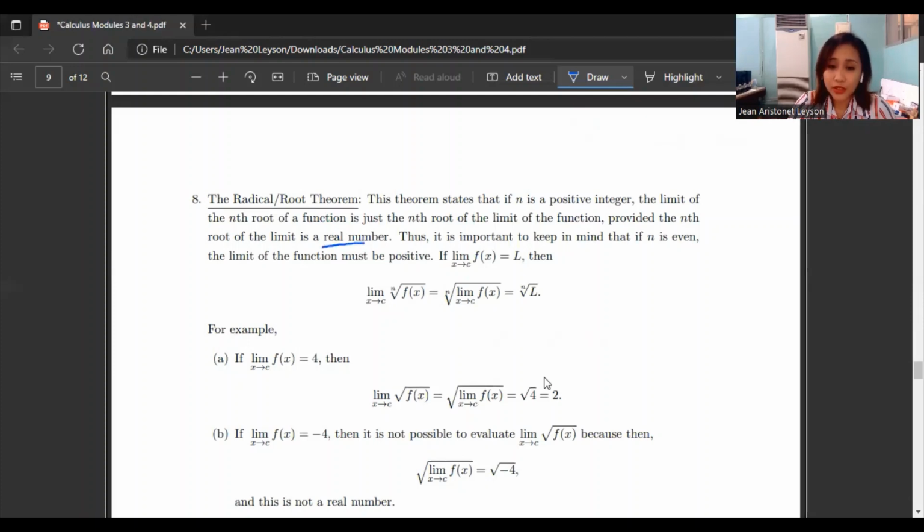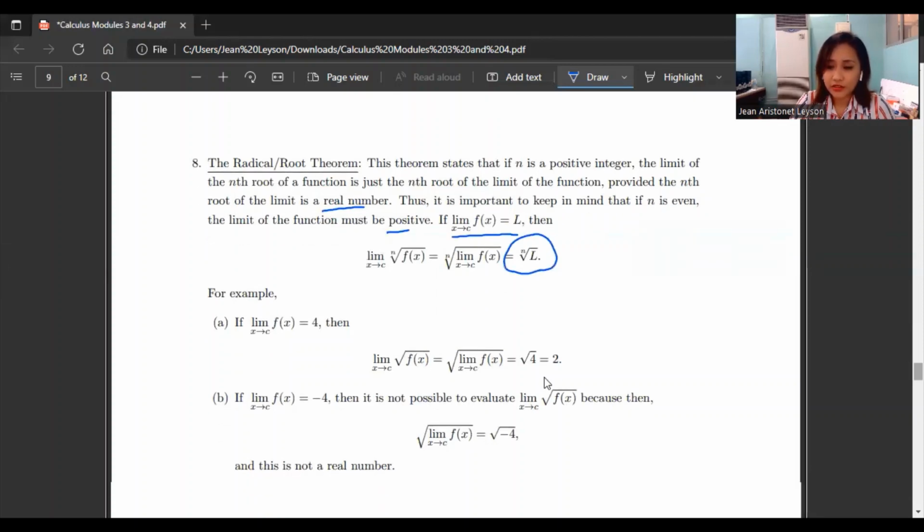Thus, it is important to keep in mind that if n is even, the limit of the function must be positive. So, given the limit of the function as x approaches c is L, then the limit of the nth root of f of x as x approaches c is the nth root of the limit of the function as x approaches c, or that's simply the nth root of L.